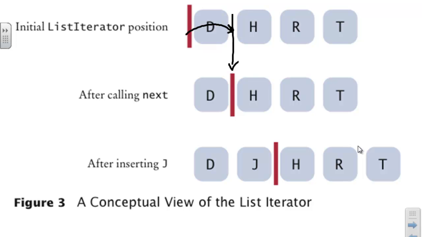I insert here, and then I move to the end after I insert. I'm not inserting it before where I am. It does start out as here, so here's my iterator between D and H. It does drop a J in front of itself, and then the cursor, essentially the iterator, moves over the one it just added.